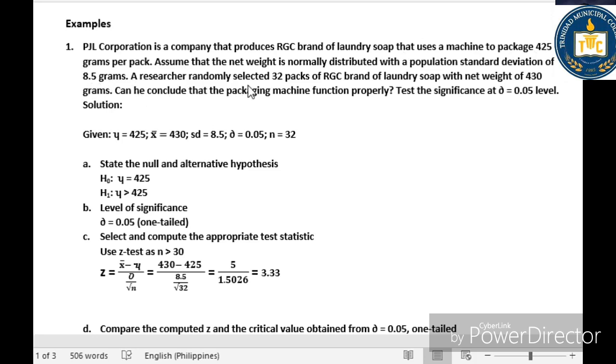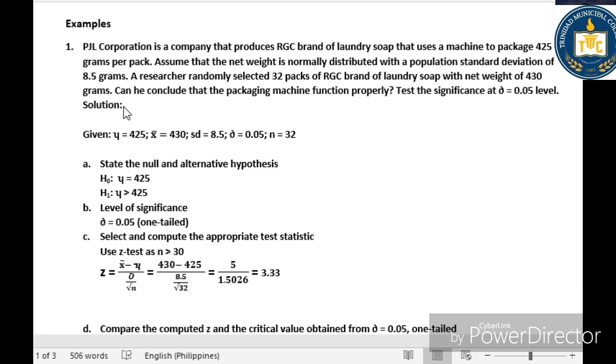A researcher randomly selected 32 packs of RGC brand of laundry soap with net weight of 430 grams. Can he conclude that the packaging machine functioned properly? The level of significance is 0.05. So given is the level of significance, which is 0.05.